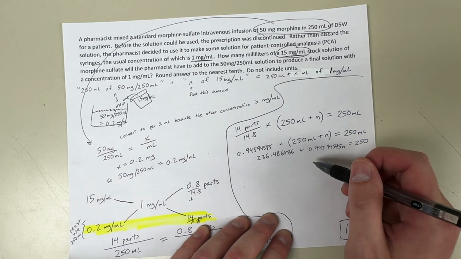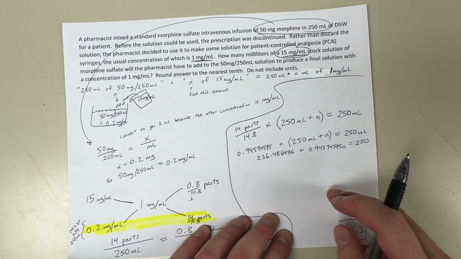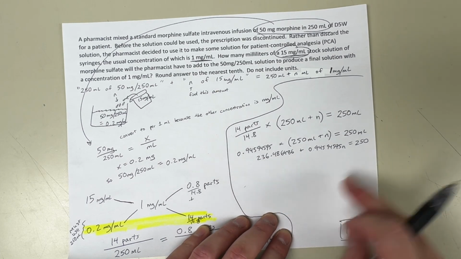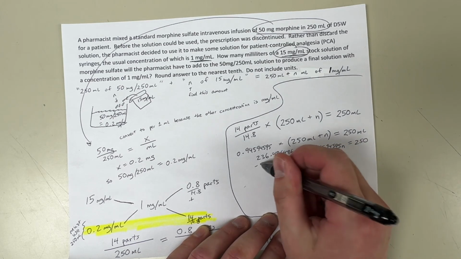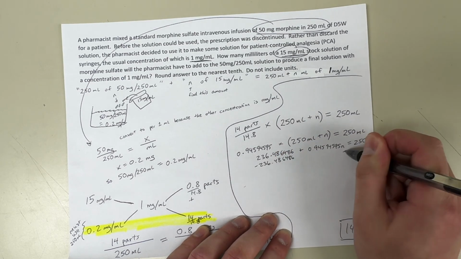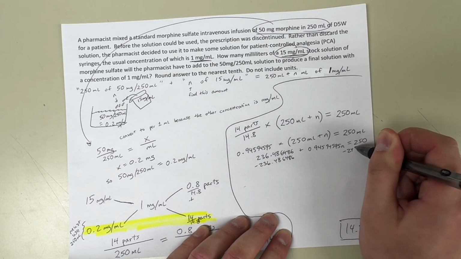Now I'm just going to subtract 236 point this from both sides.